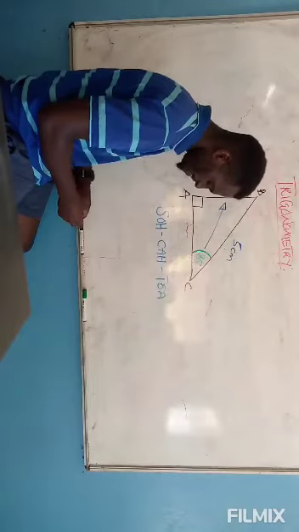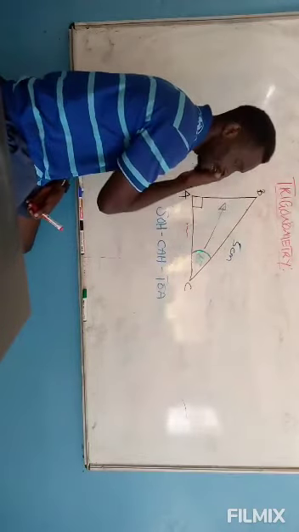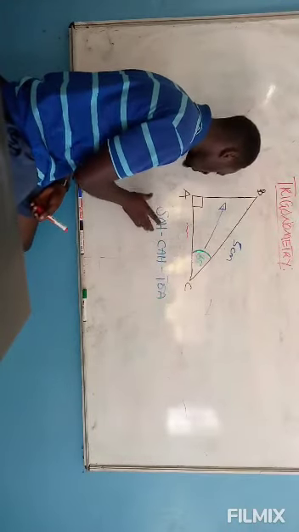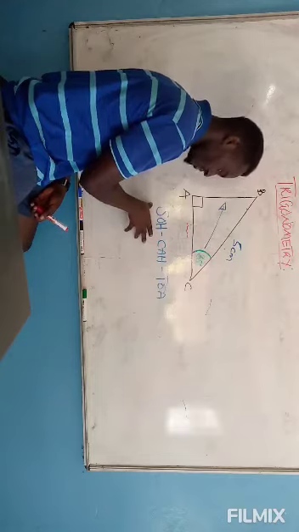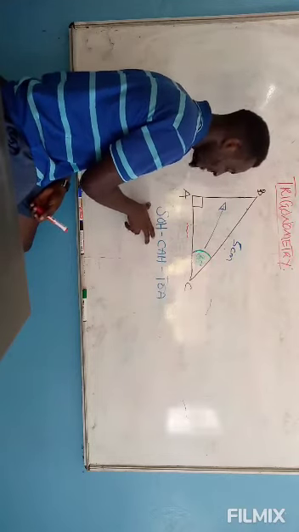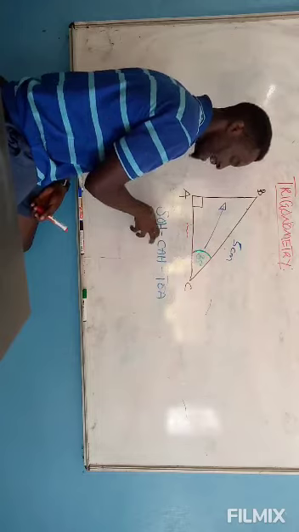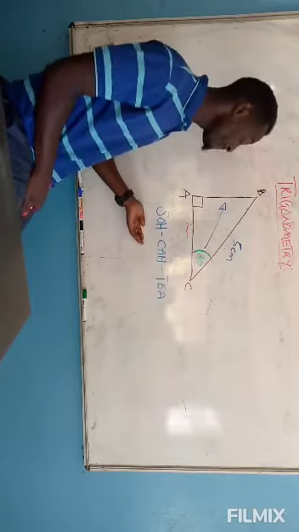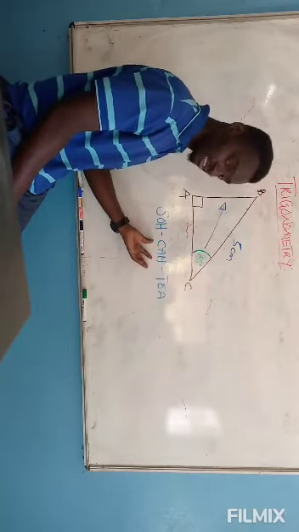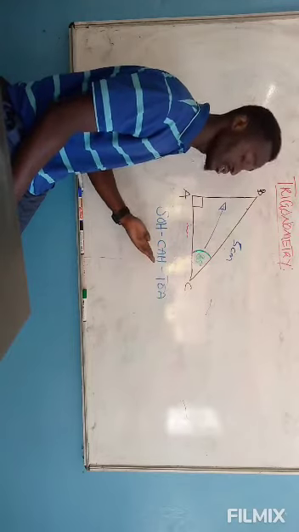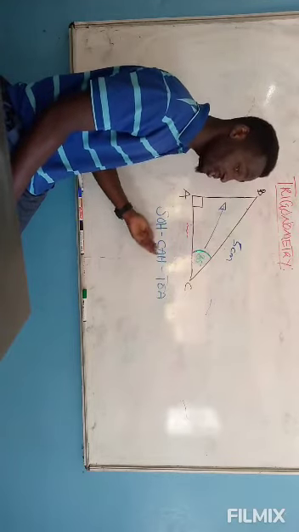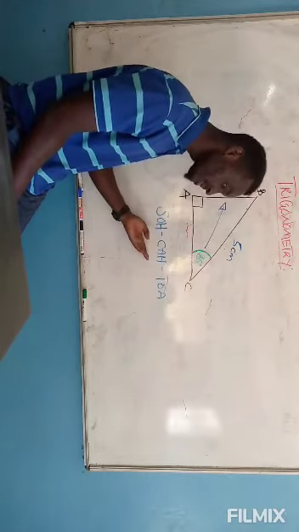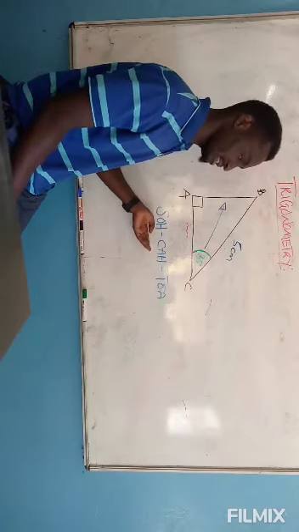Now, if I've been given the hypotenuse side and I'm being asked to find the adjacent side, I have to go to my trigonometrical ratios and find which ratio has those two sides. How do I know which one I'll apply? I'll look at the two sides involved.